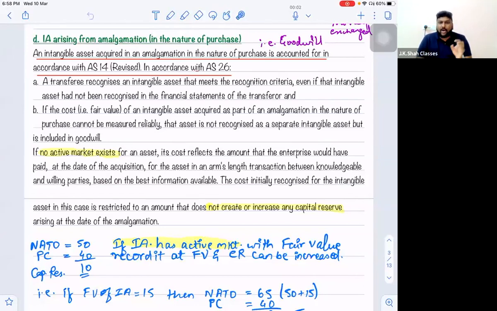So how to record them and at what value they should be recorded is what we are learning here. Correct? I'll repeat my point. If goodwill arises in amalgamation under purchase method, that goodwill is accounted by AS 14. But other than goodwill, if any other intangible asset arises, then it will be recorded as per AS 26 also. And at what values it should be recorded is what we are learning now.